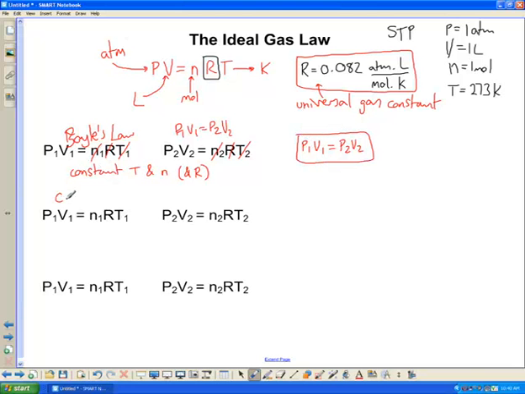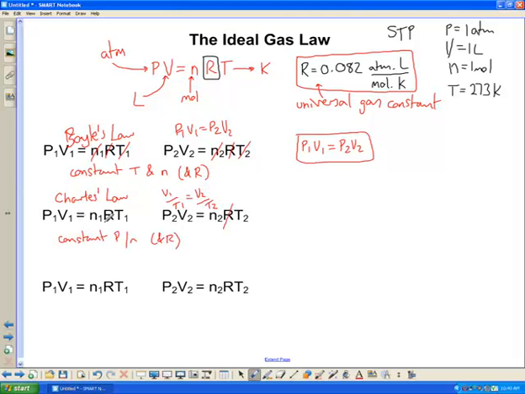Now when we go down here to Charles's law, all right, Charles's law compared volume and temperature. V1 over T1 is V2 over T2. But that assumed constant pressure, number of moles, and of course R as before.